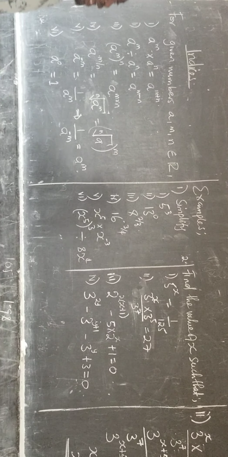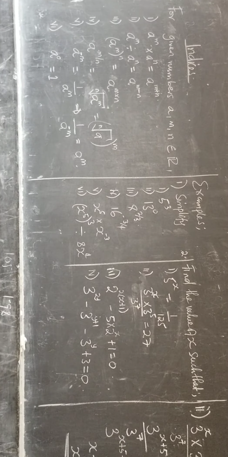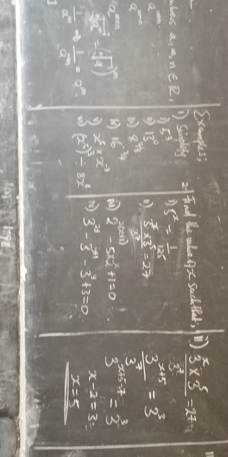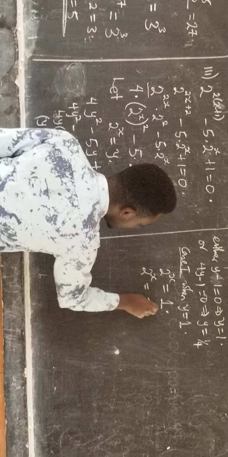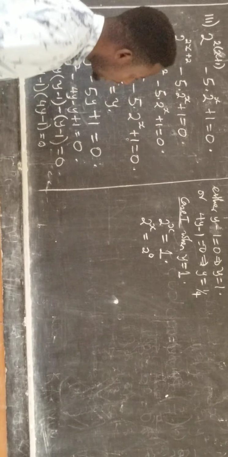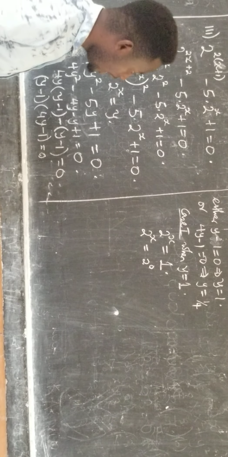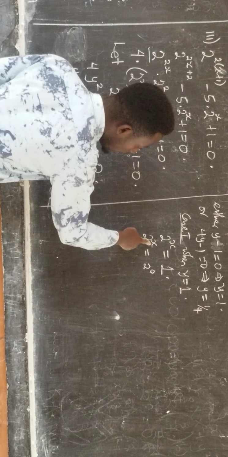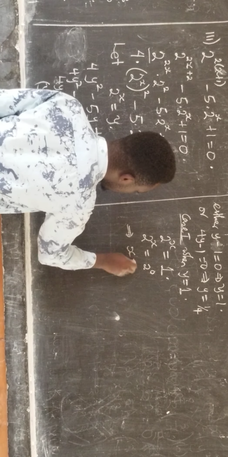So I can say that 1 is the same as 2 power 0. So this implies that 2 power x is equal to 2 power 0. That will give me the fact that x is equal to 0.